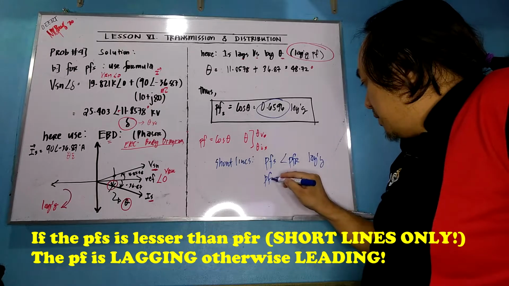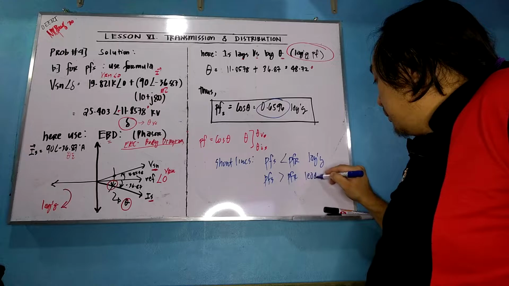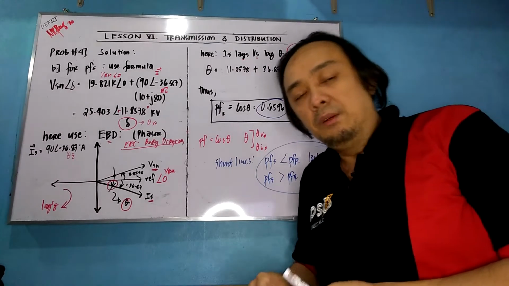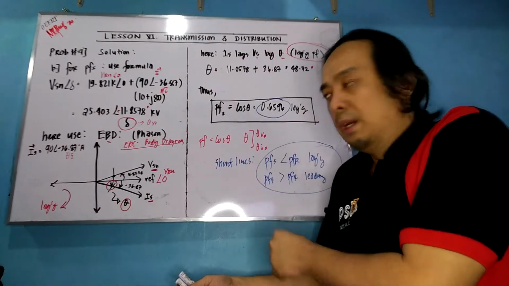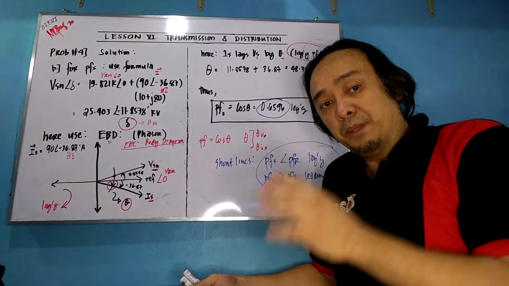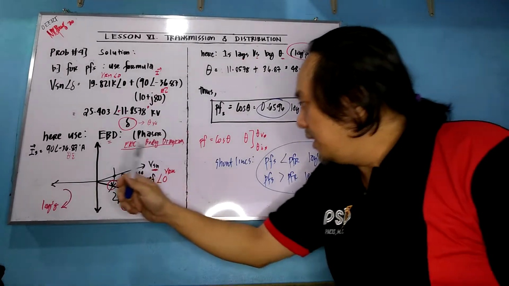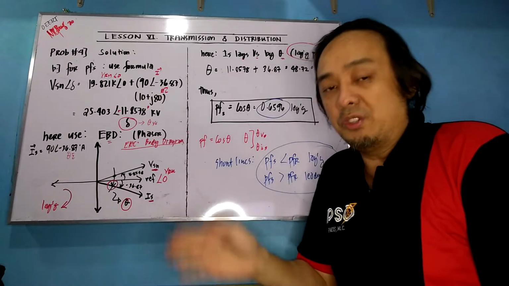Or if the power factor of the sending end is greater than the receiving end, you consider the power factor of the system, the source side, as leading condition. So there are many ways in determining the condition, but I usually prefer this phasor diagram in terms of electric body diagram, in terms of voltage and current.